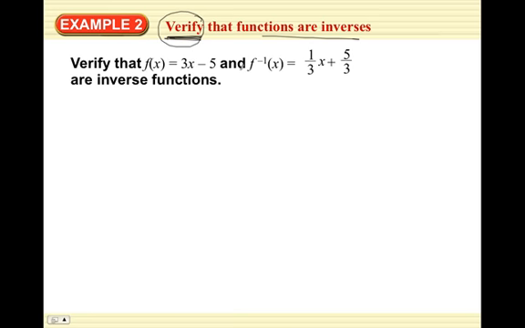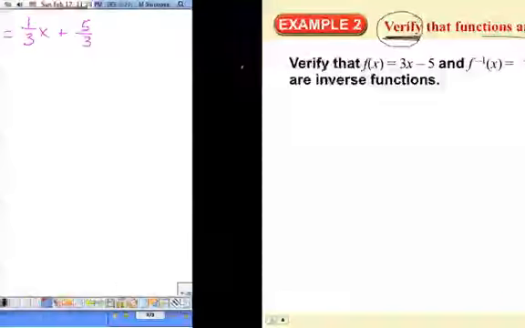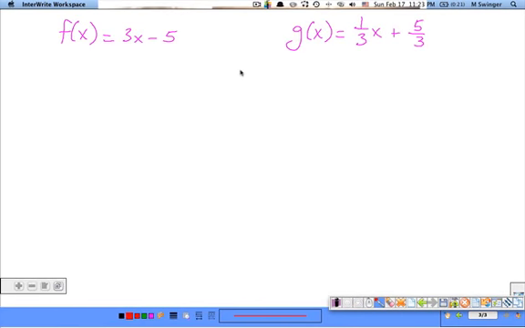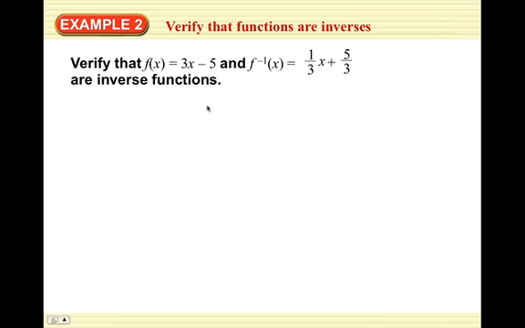Well, I took this to a different page to show you more space here. Same problem. I just said the second one is g of x instead of, this one says f negative 1. If you've never seen that before, which you should have, this little negative 1 power means inverse.